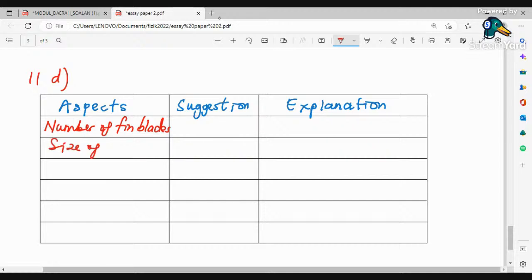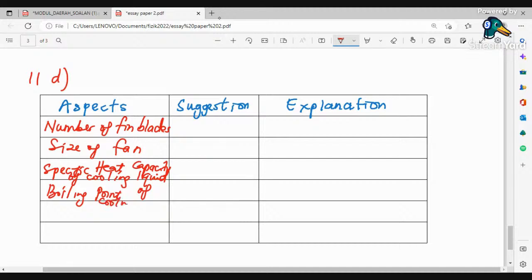Size of fan, specific heat capacity of cooling liquid, boiling point of cooling liquid, and then freezing point of cooling liquid.